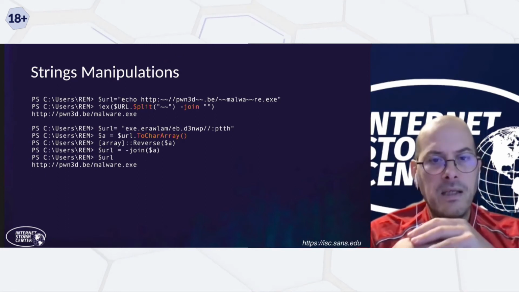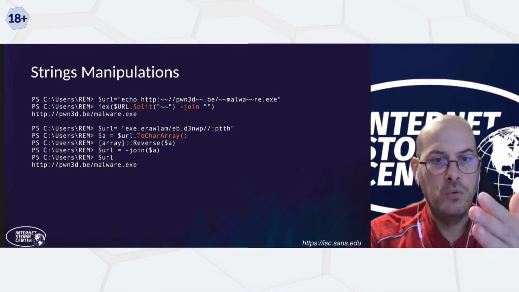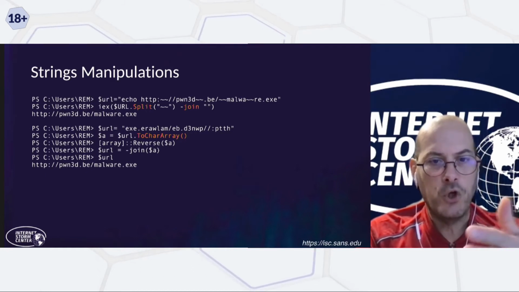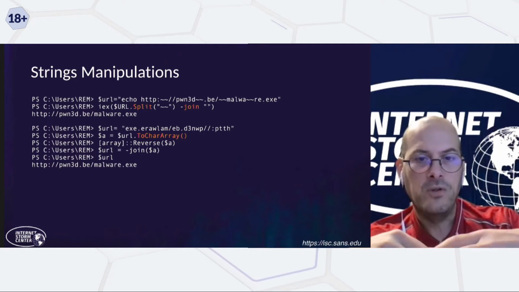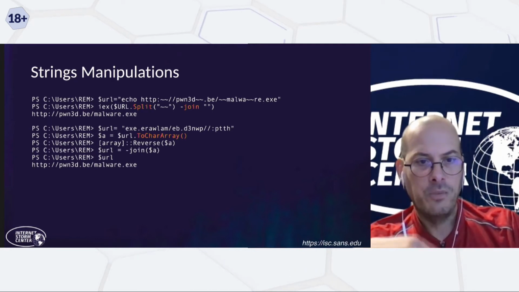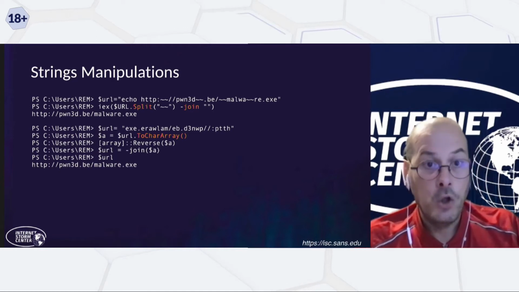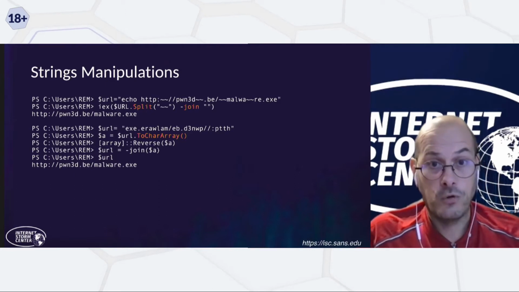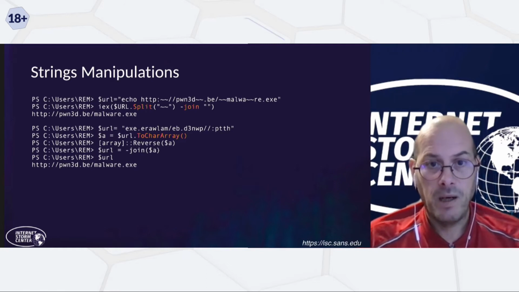The idea is to split the string into an array of multiple strings and then you join the array. So you reconstruct a new string and the delimiter will be nothing. Basically, you just do a search and replace. You could say, okay, search for all the tilde characters inside my string and replace them by nothing.